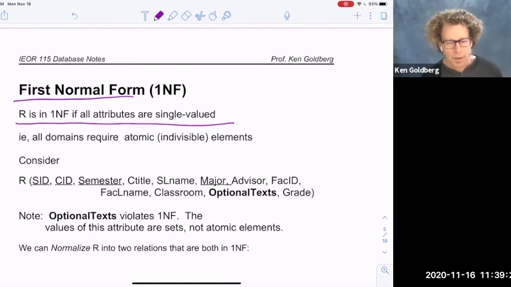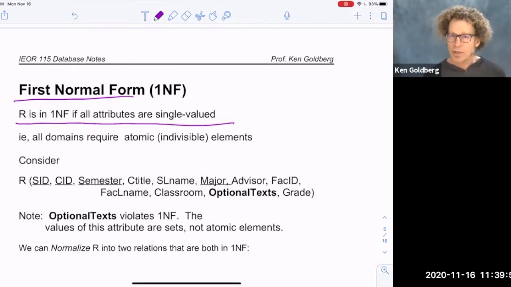If you're feeling a little cognitive dissonance about this, I understand why, because of the way we use EER diagrams. Something I've been really emphasizing from the beginning is how multi-valued attributes get treated, with the double circles and then converted in the conversion process into individual relations.